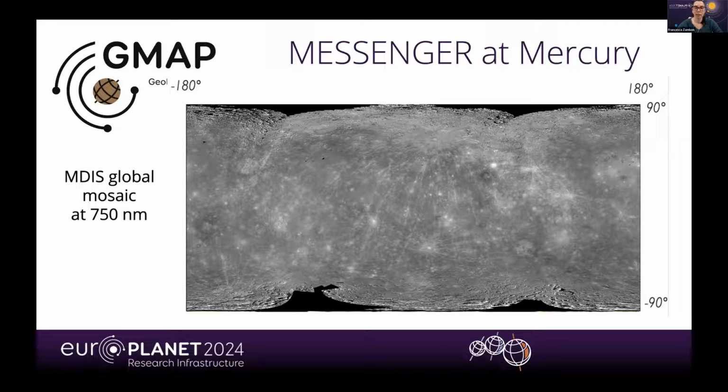But one of the main approaches you can use to analyze spectral differences on a surface is, for example, to use RGB color combination. So you can put all the filters and produce different color combinations. I show you just an example.